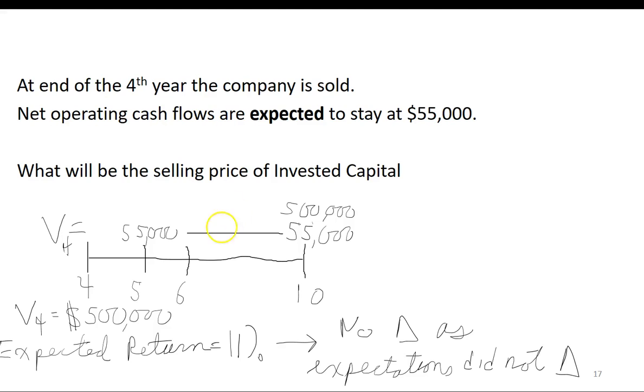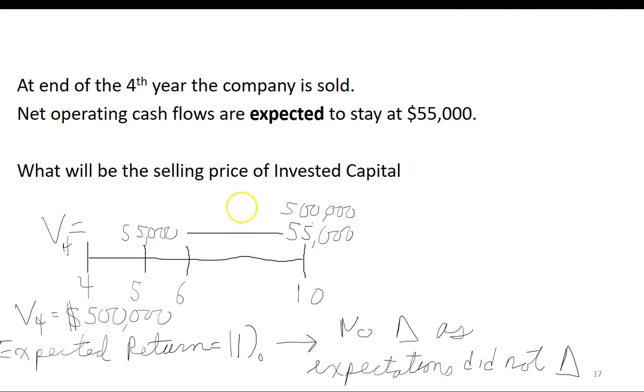Now let's extend the example to say at the end of the fourth year, the company is to be sold. Nothing else has changed. The cash flows are expected to stay the same at $55,000, and the person would get back $500,000 at the end of the 10th year.